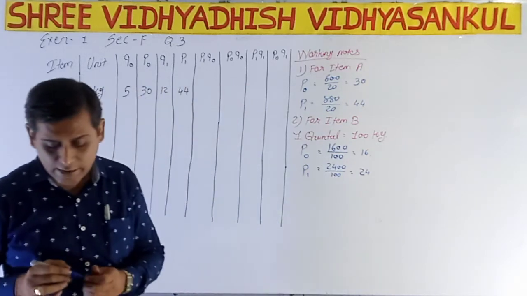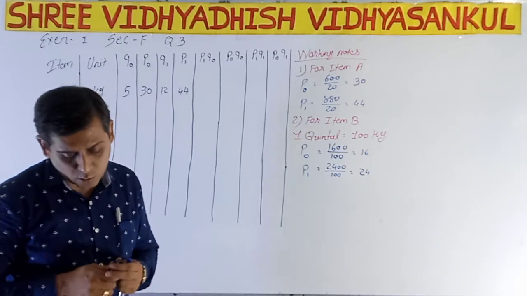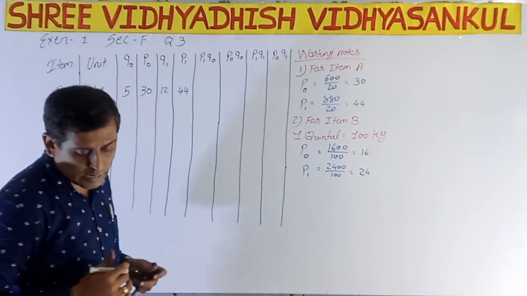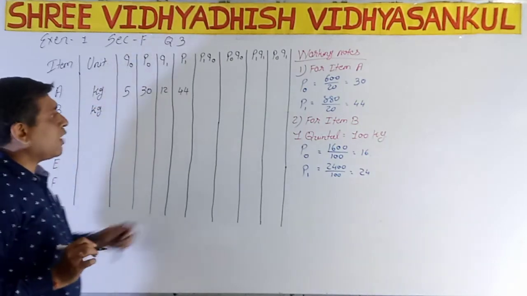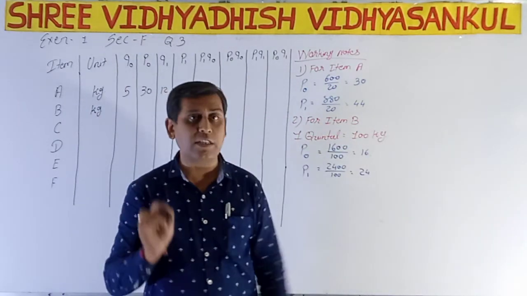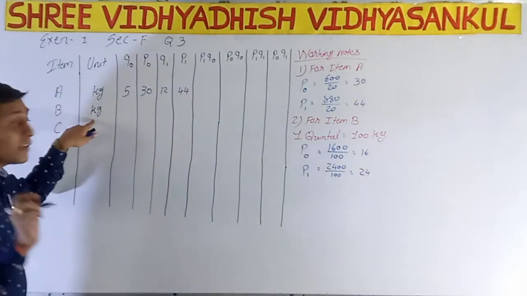Okay, so the price of the base year as well as the price of the current year is 16 and 24. Now I am writing the remaining amounts given, that is item B, kg. Since we are converting quintal into kg, in the unit column we have to write kg.